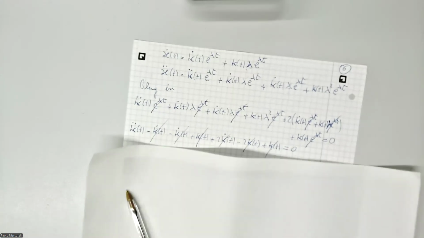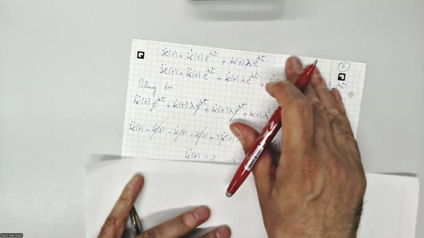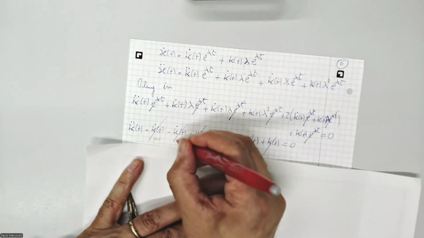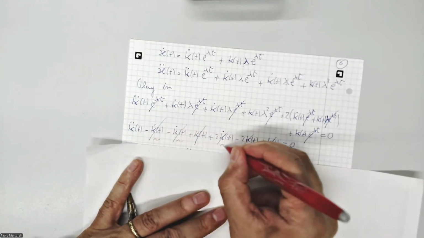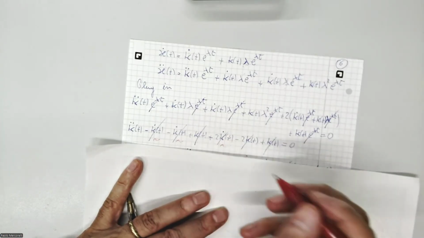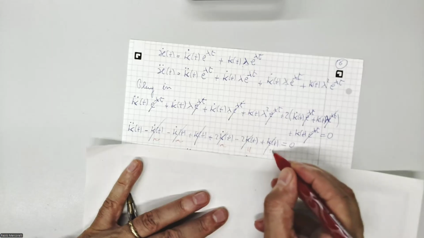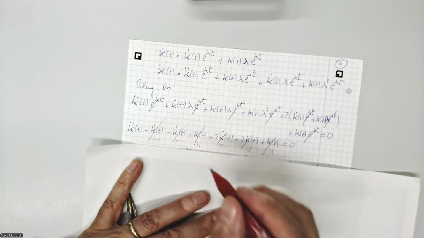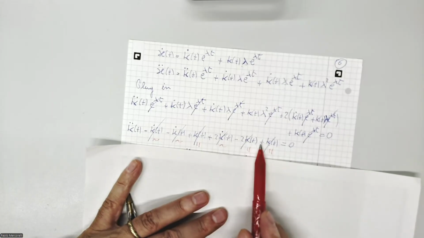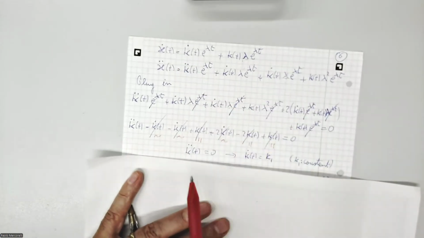If you want, I can remark a little bit. And this here with this and this, right? Minus 2k of t plus k of t plus k of t cancel. This means at the end I have this.